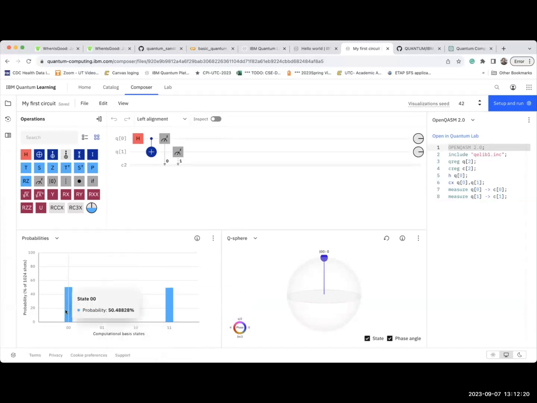But in the entangled condition, they only occur in 2 possibilities. So that's the explanation, trying to explain entanglement. Basically now the 2 qubits are correlated, not separable.